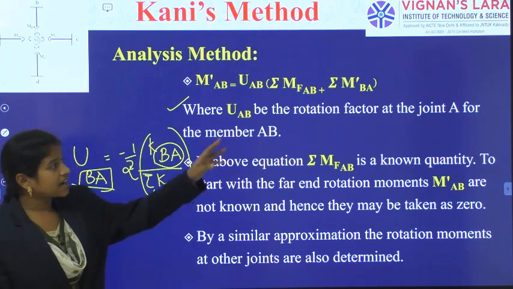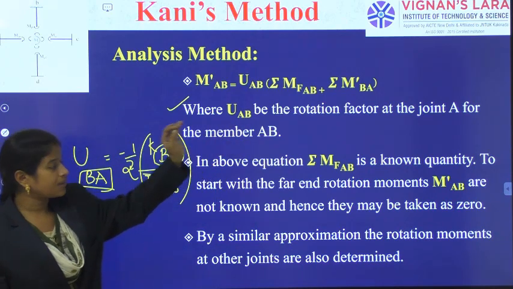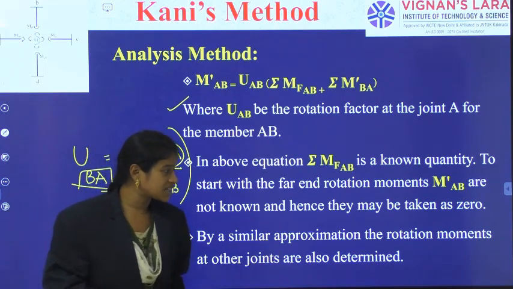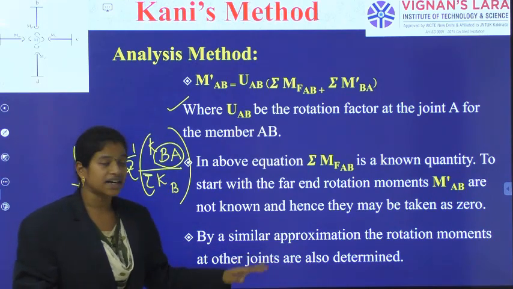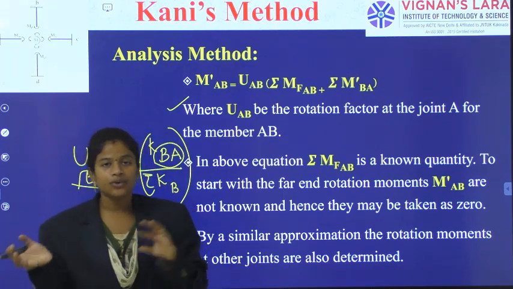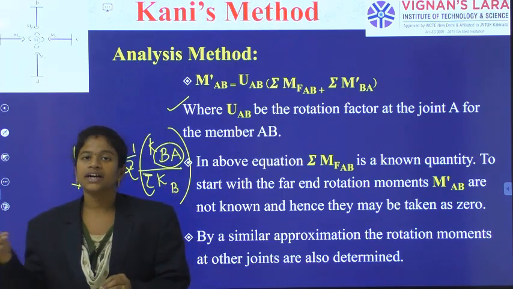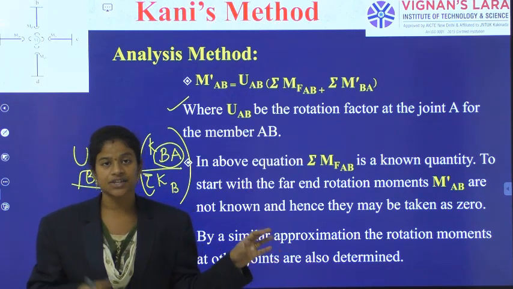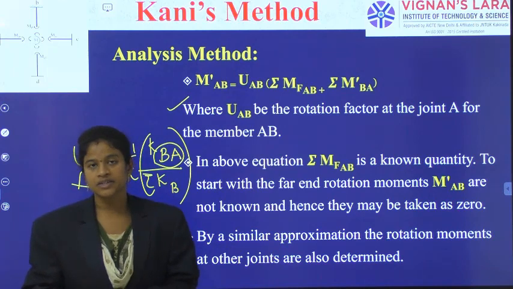By a similar approximation the rotation moments at the other joints are determined. So firstly we assume 0 and get the first values of the rotation contributions.